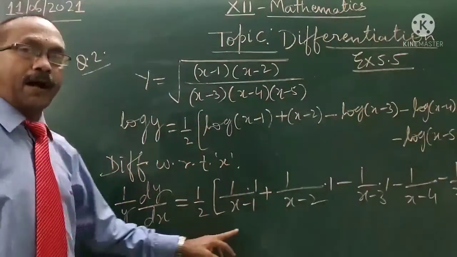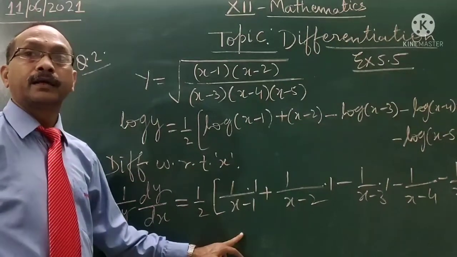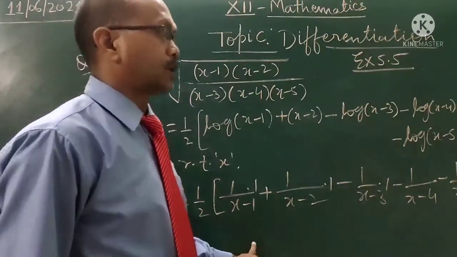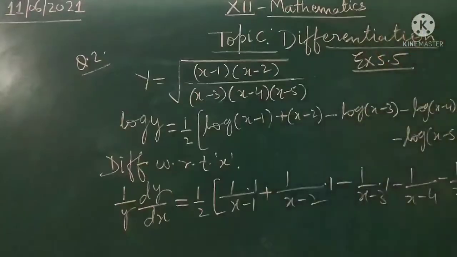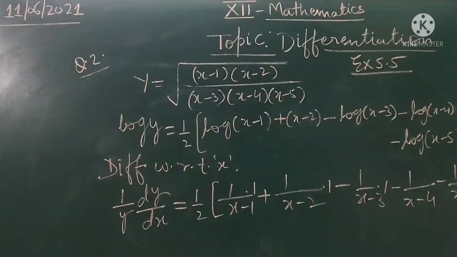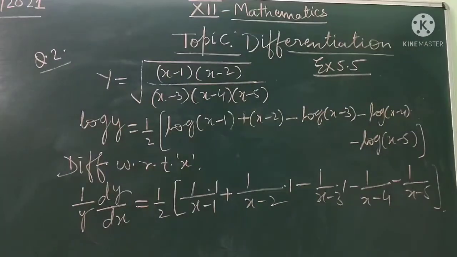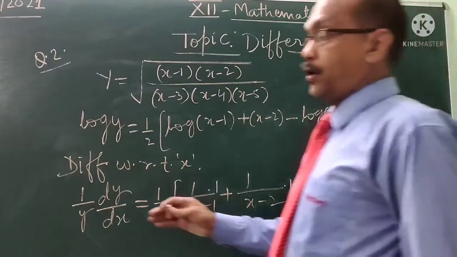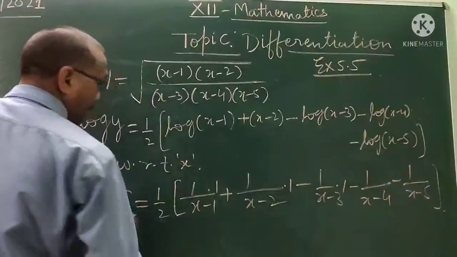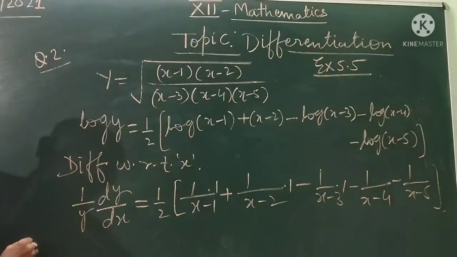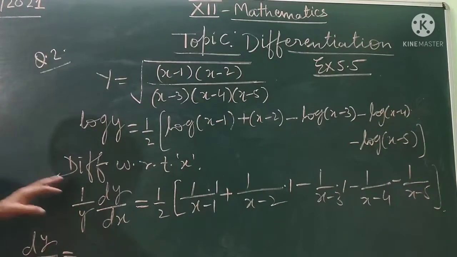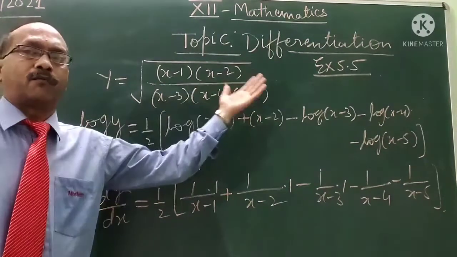Now we will cross multiply y. So it is dy over dx is equal to, then we will put the value of y.